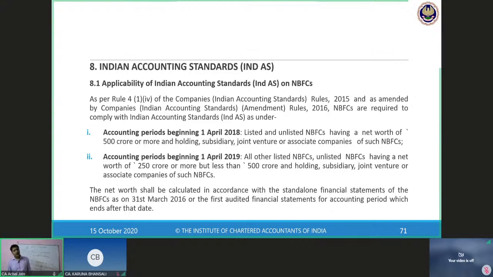Okay. Then comes the second phase, the second category of NBFCs on which Ind AS became applicable from the next financial year, that is, financial year 1920. Now in this case, NBFCs having net worth of 500 crore or more are already covered. So now the NBFCs which have net worth less than 500 crore but 250 crore or more are covered.